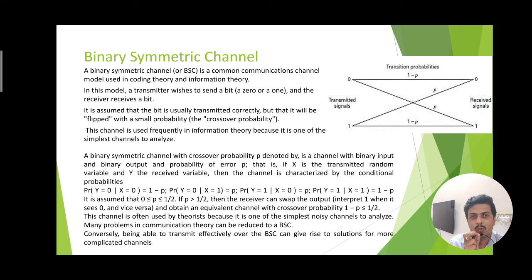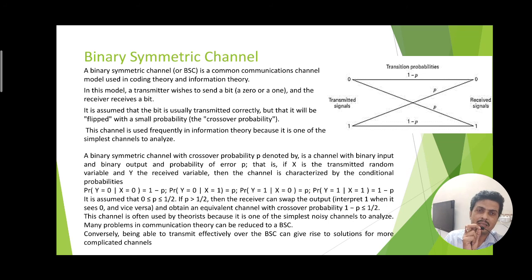For the error probability, there are two cases: probability of Y equal to 0 given X equal to 1, and probability of Y equal to 1 given X equal to 0. Such crossover probabilities are similar, denoted by p here. Another one is the correct probability, that is probability of Y equal to 1 given X equal to 1 transmitted. So it is also 1 minus p.